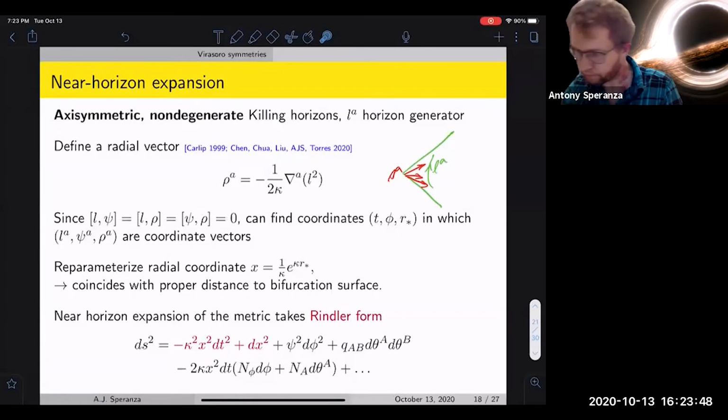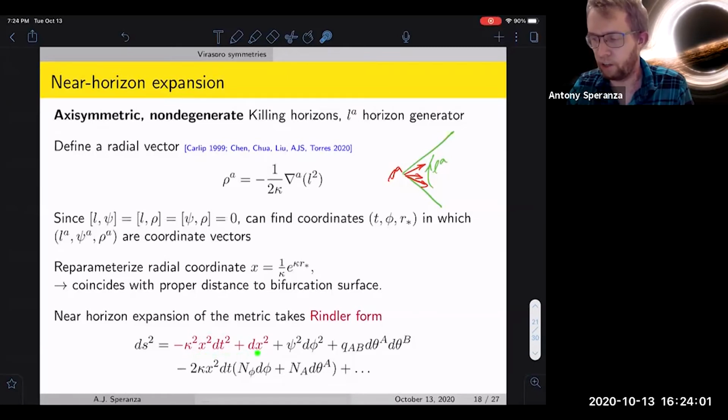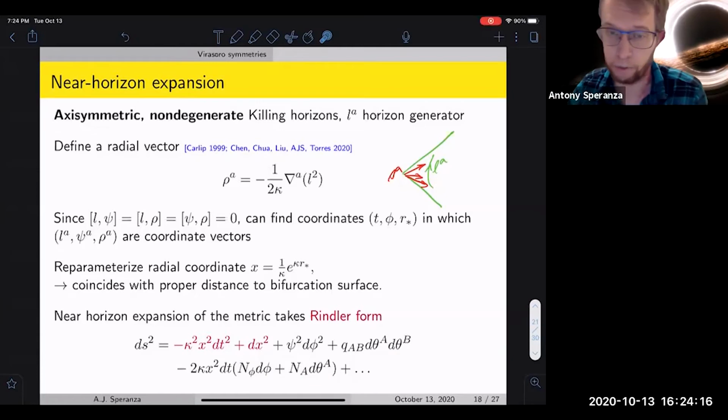And so what you can show is that when you look at the metric using these as basically your coordinate vectors, the metric takes this near horizon Rindler form, where x is like a radial coordinate and t is the parameter along L. It takes a Rindler form times a transverse part, and then there are some subleading pieces associated with the rotation of the horizon.